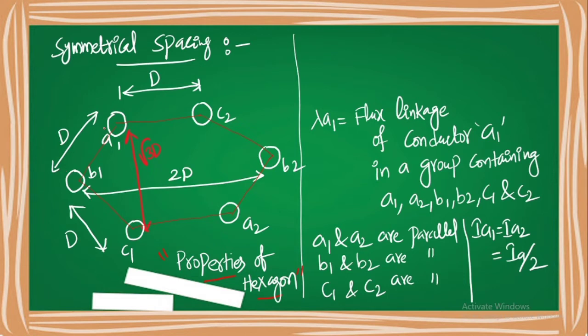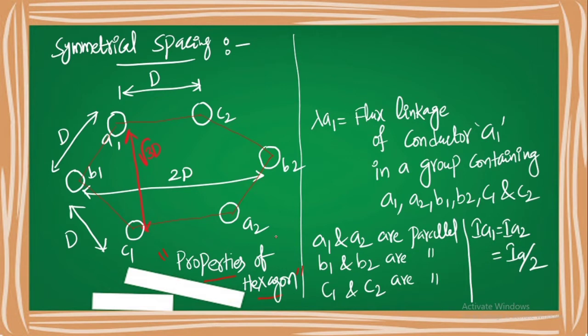So this distance is D, this distance is D, and this distance is also D. According to the properties of hexagon, mathematically, the distance between the extreme ends is 2D, and the distance between the alternate conductors or alternate vertices is root 3 D. No need to derive these distances here, because they are obtained from the properties of hexagon.